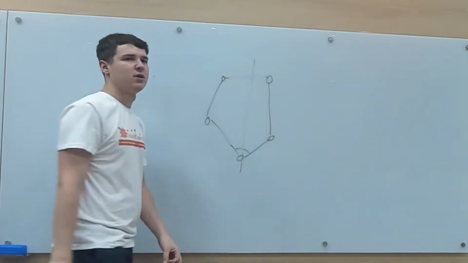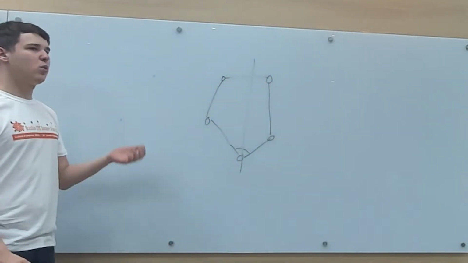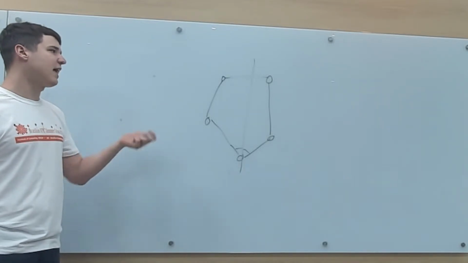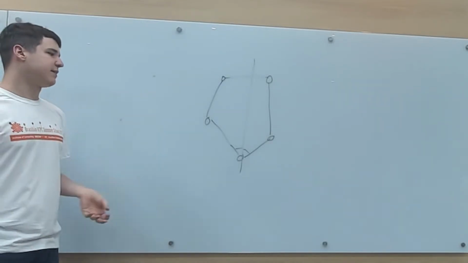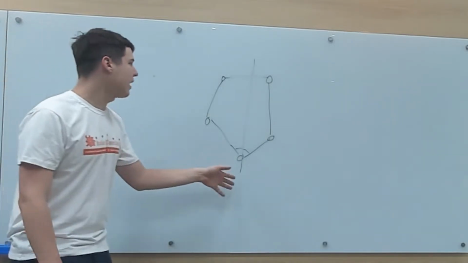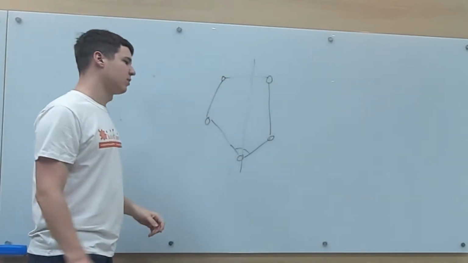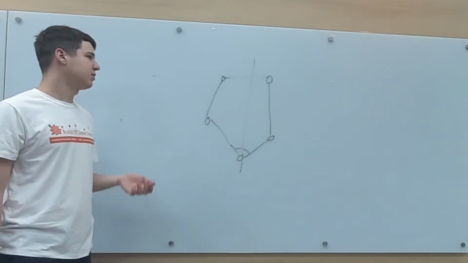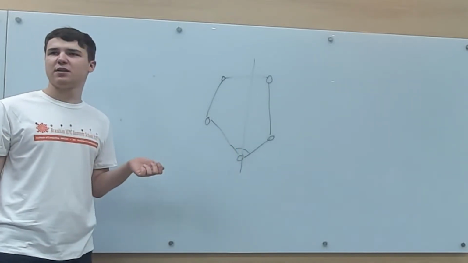Those lengths are the same. Okay, so how do we do this check faster? We can note down the sequence of lengths and angles, and there is an axis of symmetry if this is a palindrome with a center here. Any questions to that statement?